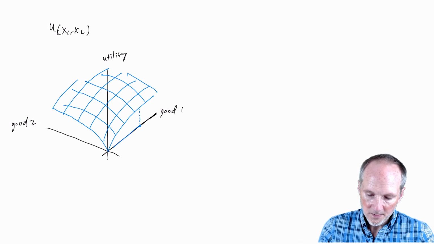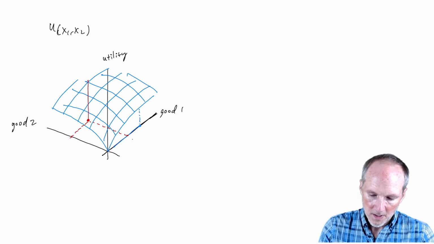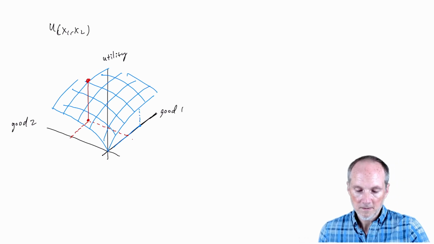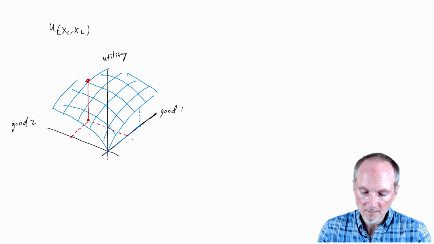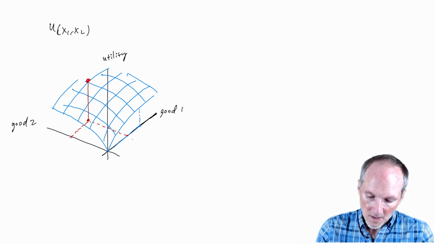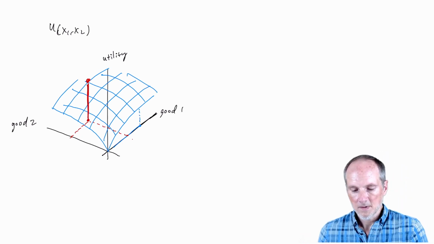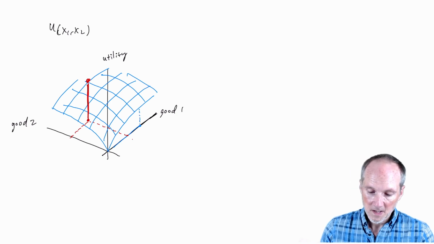So for a bundle like this one here, which has a certain amount of good 1 and a certain amount of good 2, we go up until we hit the graph of the utility function over that bundle. And then the utility is just this vertical height of the function above that bundle.